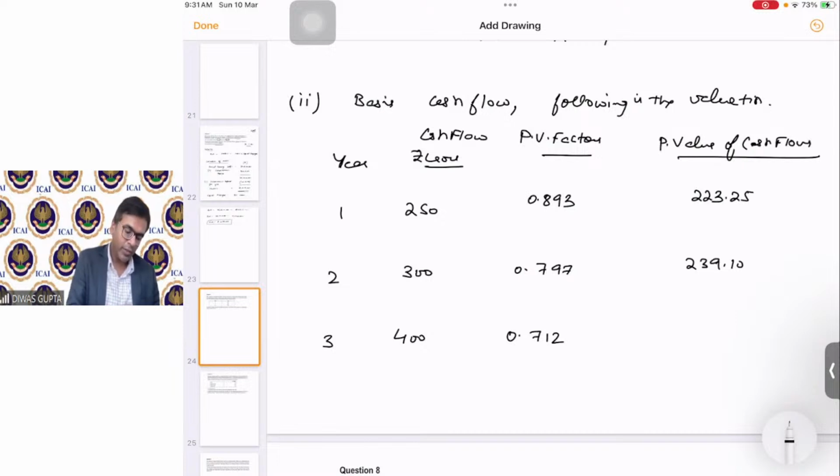And then 0.712 into 400, so 284.80. In totality, this becomes 239.1 plus 223.25 plus 284.8, which is 747.15.